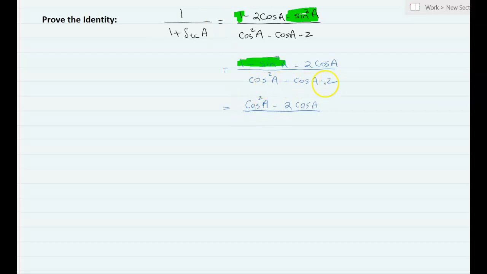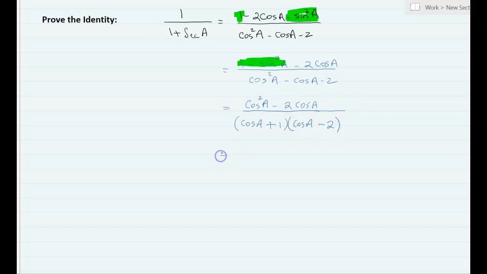Now in the bottom, cos squared a minus cos a minus 2, we can actually factor that. Cos a, and it's actually a straightforward factoring. It's just basically plus 1, and minus 2 needs to be.